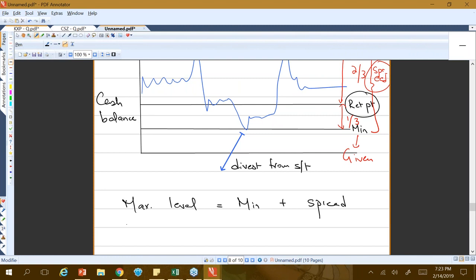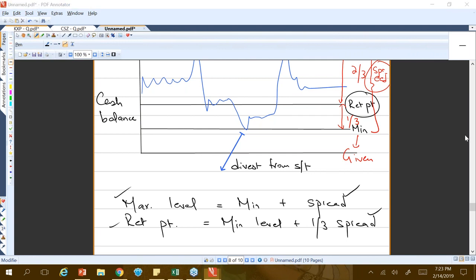The return point is the minimum level plus 1/3 of the spread. So we need to find the spread using the formula sheet and then calculate the maximum and the return point as well. Remember, the minimum level will always be given to us.